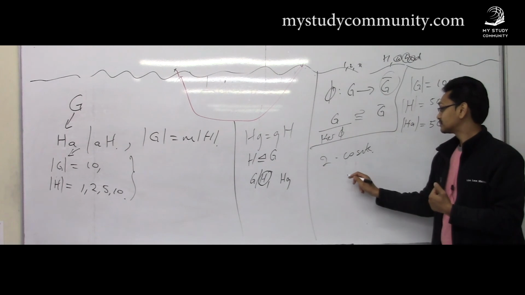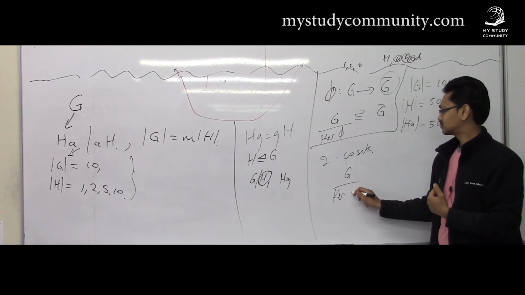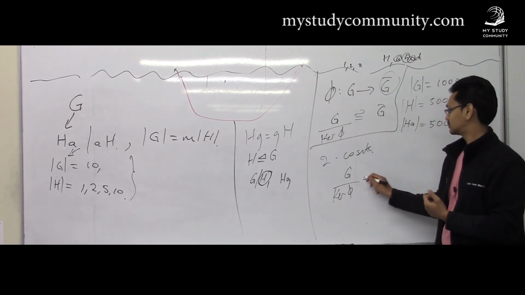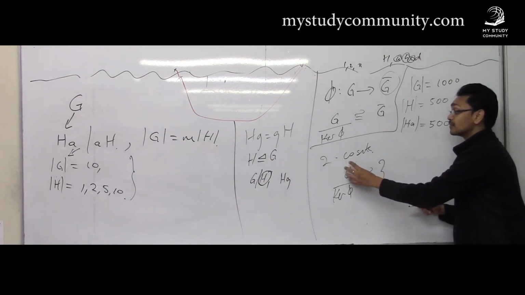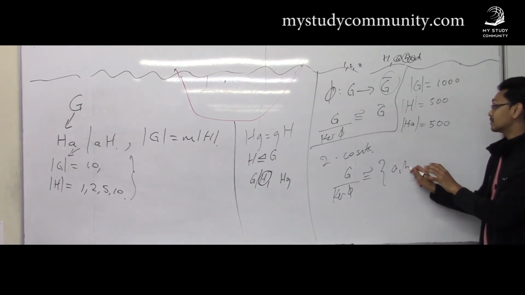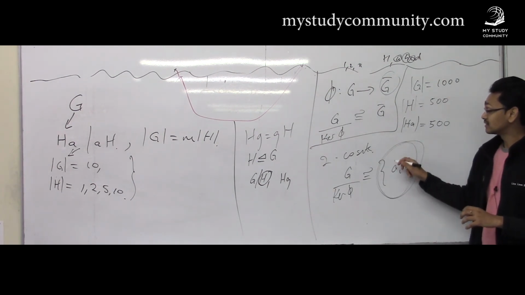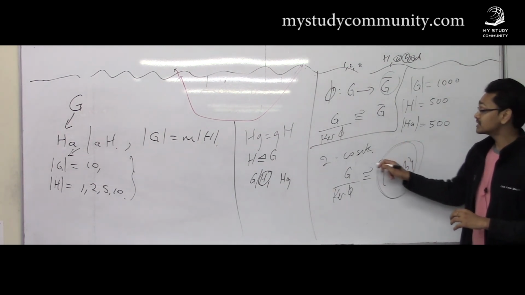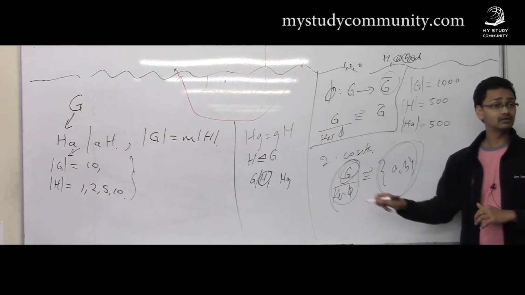So in other words, I would be able to get something that will be mapped onto something with just 2 elements. I'm just saying A and B. So in other words, by analyzing this smaller set, I can get properties of my bigger set G. You follow?